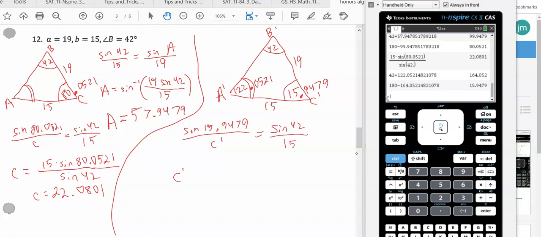So little c prime is equal to the fraction here, so that'll be 15 times sine of 15.9479 divided by sine of 42.